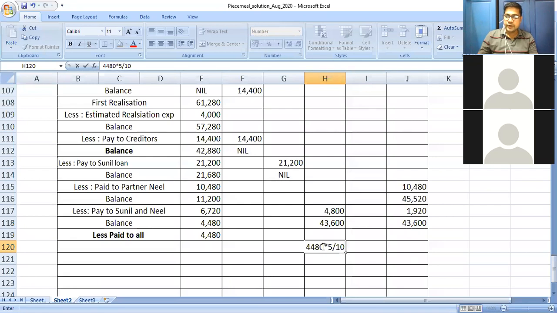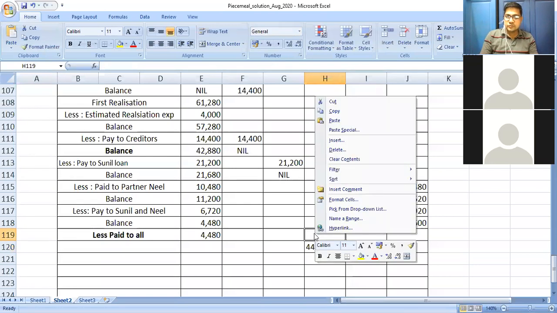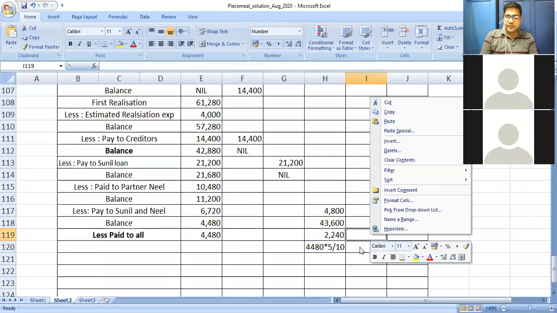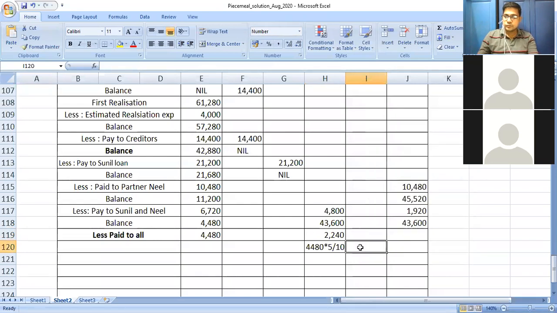The value will be 2,240. What about Anil? 4,480 into his profit sharing ratio 3 divided by 10.